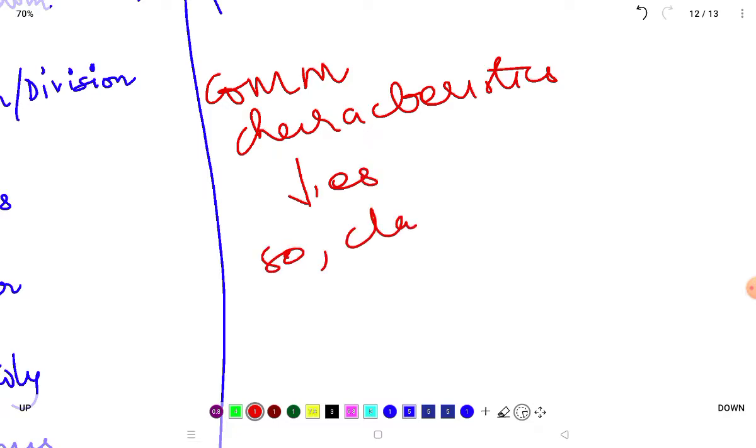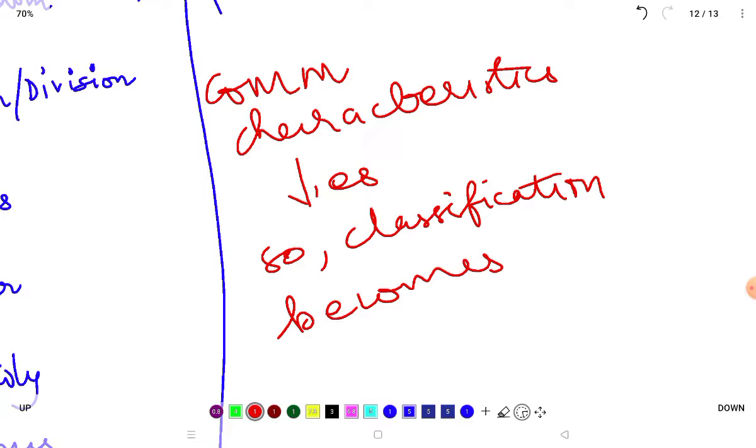So classification becomes complex. This is the important point.